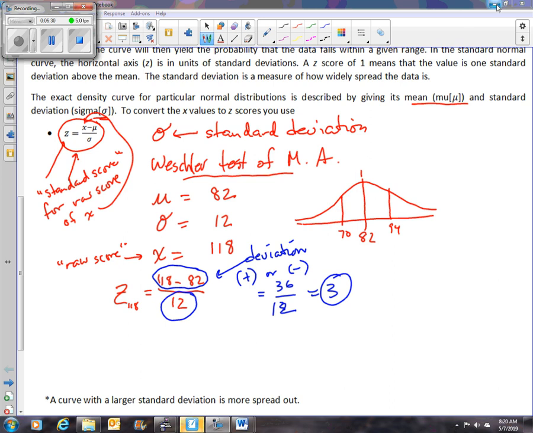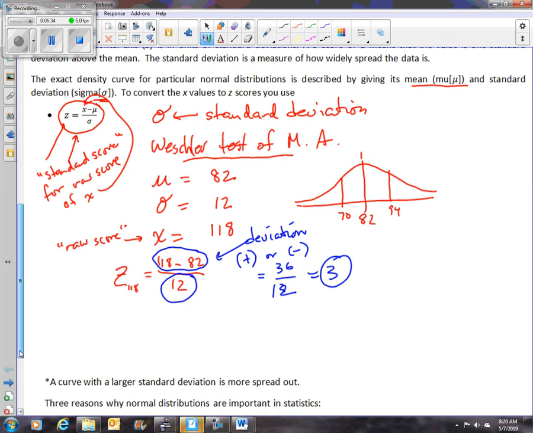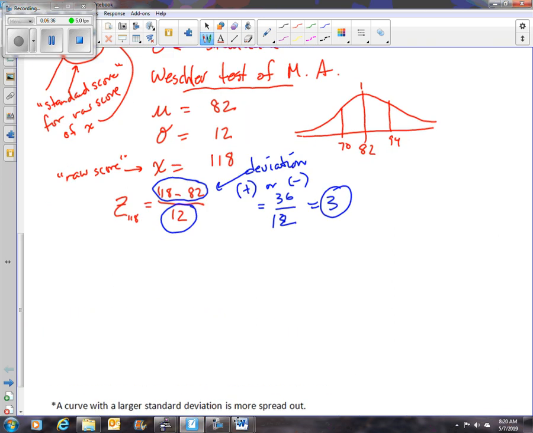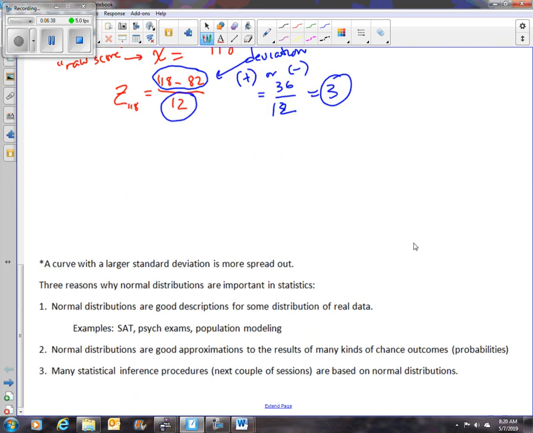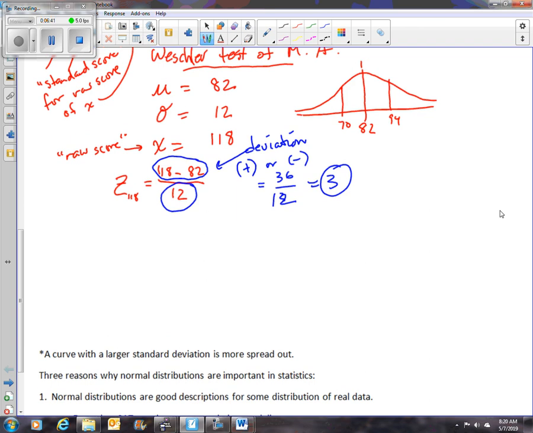Now, we could ask ourselves the question, what is the percent of students who scored less than Joanna on this test? Now, let's just take a look quickly at a standard normal curve here. And 1, 2, 3. Here is where Joanna's score was, and so now the question is, what is the percentage of scores that fell below Joanna's score?